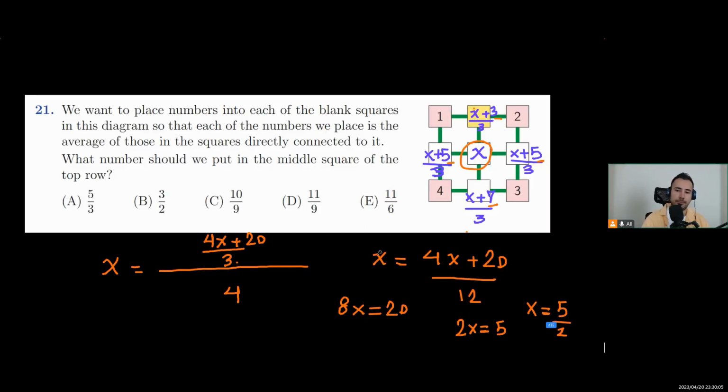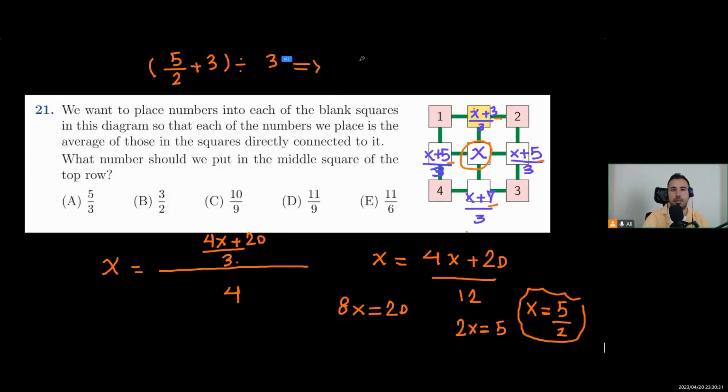Right? Yes. But this is not good enough, because we want the value of this. So instead of x, I'll put 5 over 2 plus 3, and then divide everything by 3. So what is this?